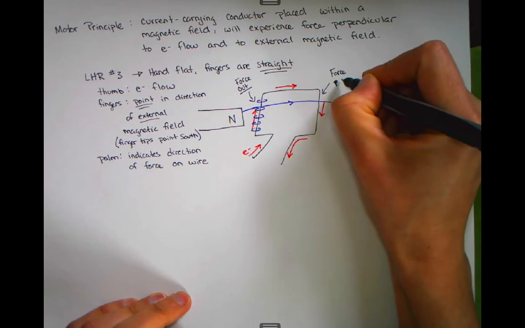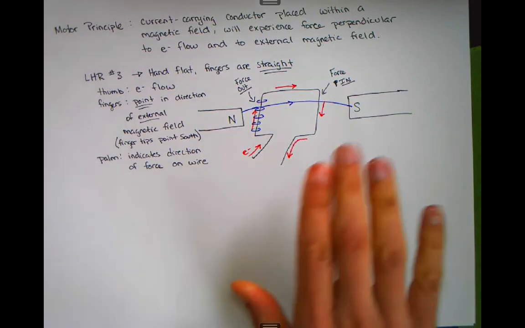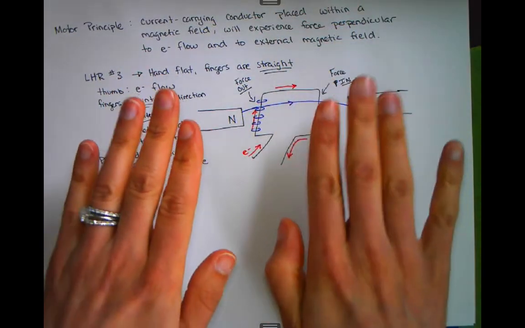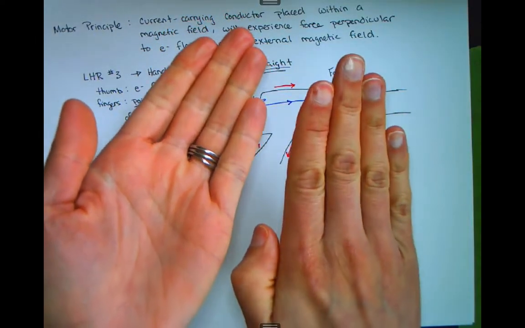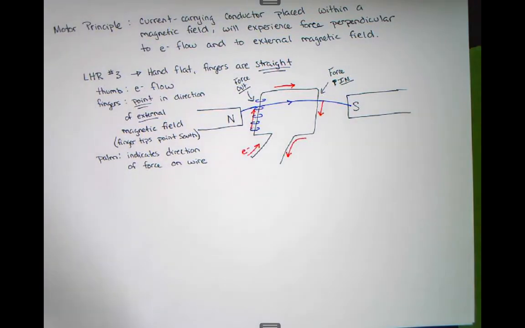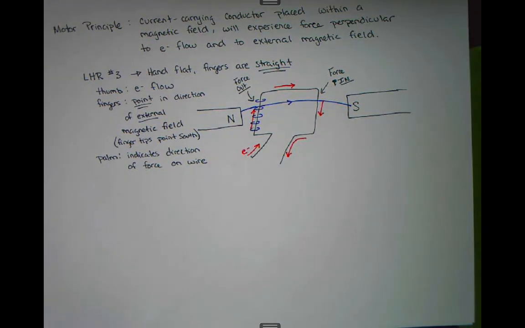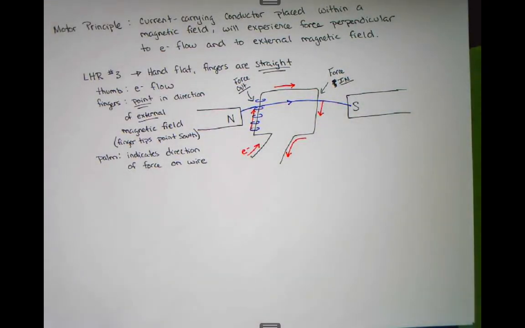Force is in, which means that part of the wire will be forced down. So what you have is that opposition. This side of the wire is coming out, this side's going down, so it's going to end up twisting. And that's where you start to get this motor that is being represented, which is why it's called the motor principle. So left-hand rule number 3 is a tricky one.